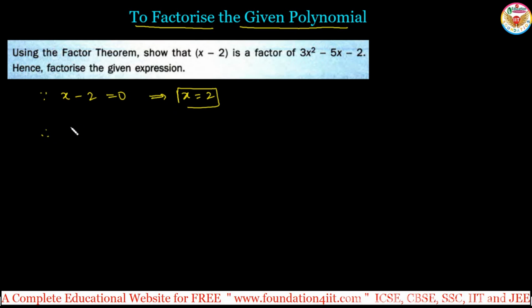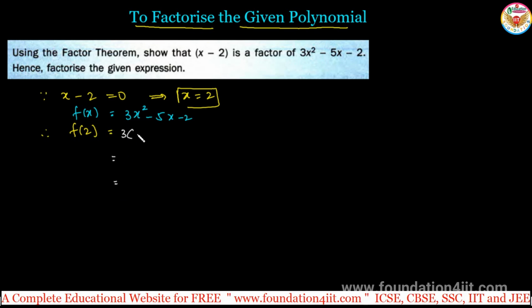So f of x is 3x square minus 5x minus 2, and we are supposed to get f of 2 equal to 0. So after solving, we are supposed to get 0. When the remainder is 0, then x minus 2 is a factor.